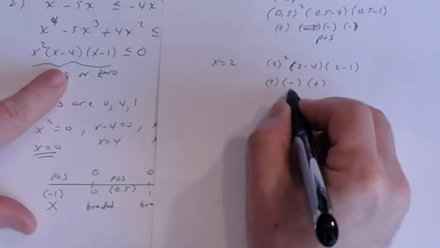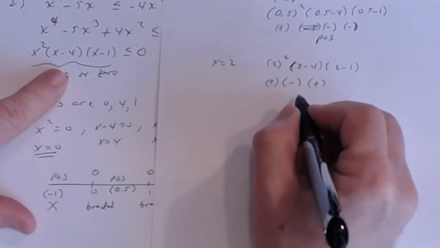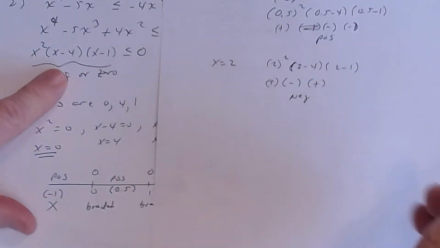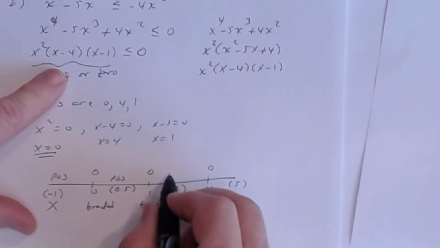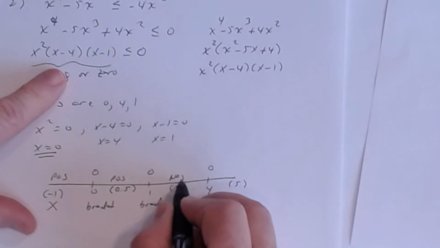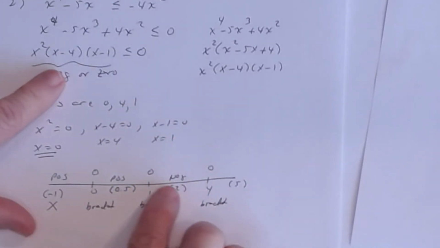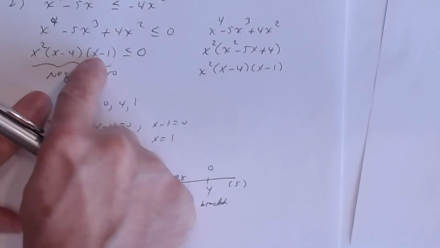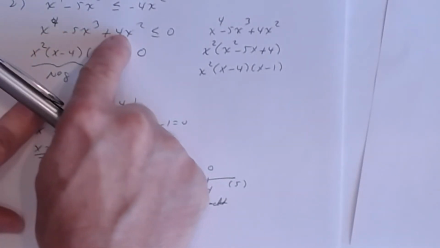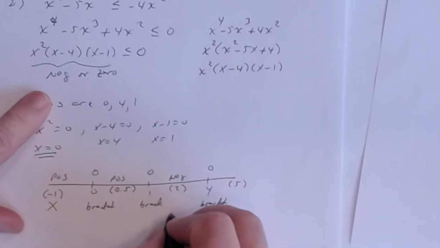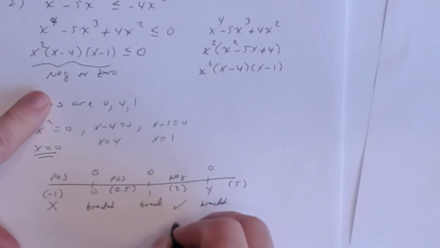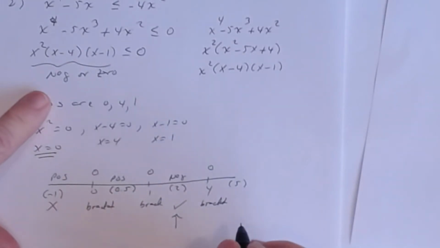So a positive times a negative is a negative, and a negative times a positive is a negative. So no matter what real number I choose between 1 and 4, substituting it into this polynomial will give a negative, which is something I want. So I'm going to check this off and put a little arrow to help me remember that that's going to be one of my intervals.